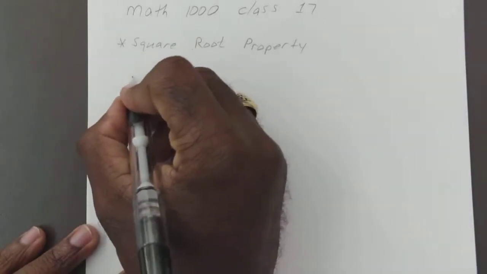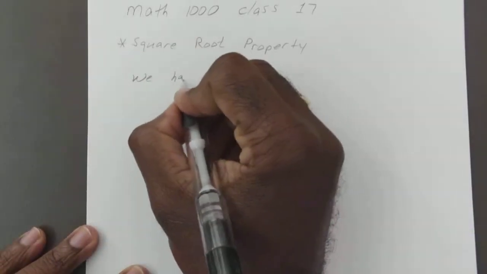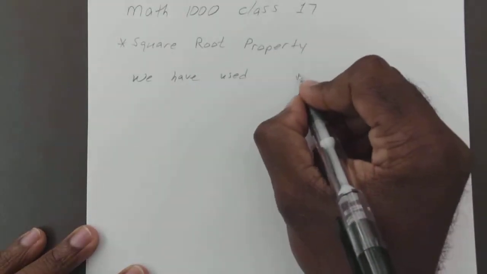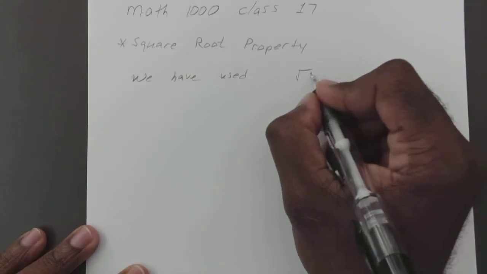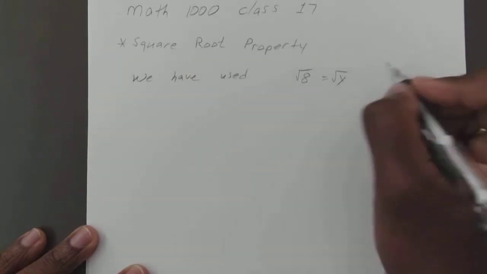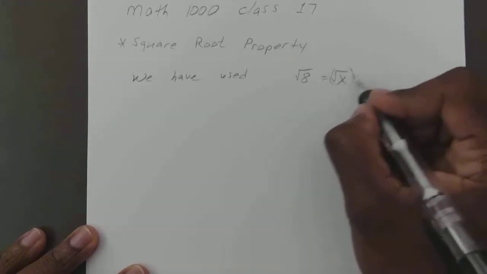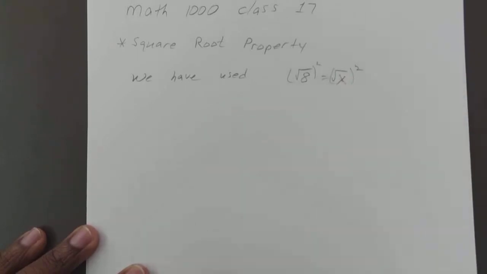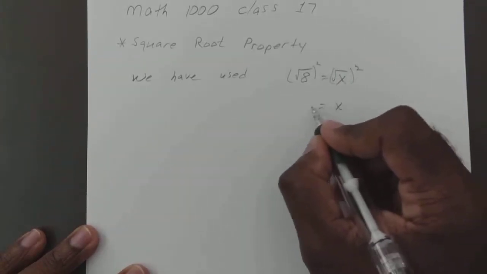So far we've used, let's say, if square root of 8 equals square root of x, then if we square both sides, we just have x equals 8.